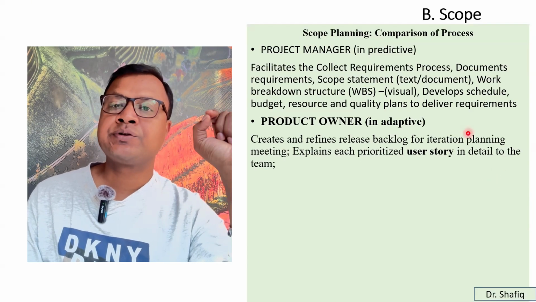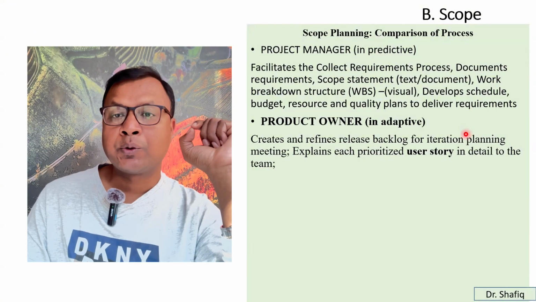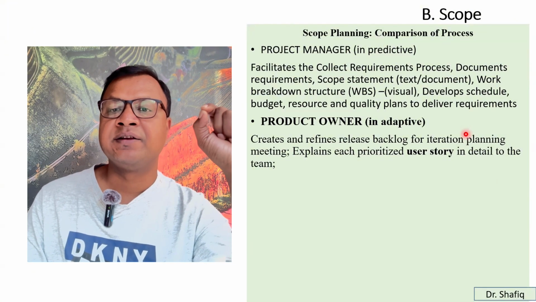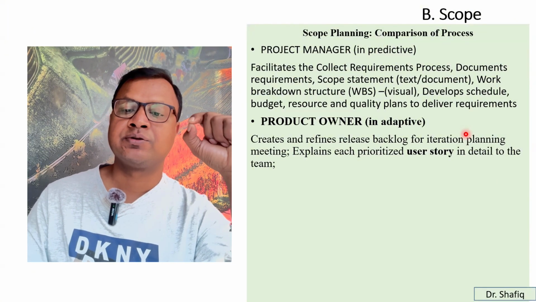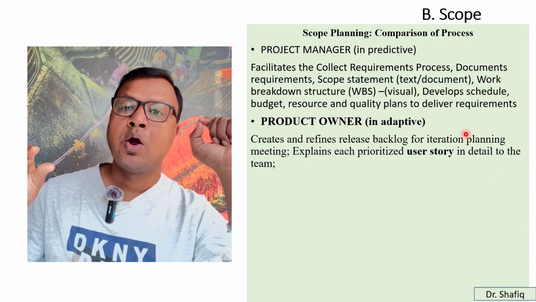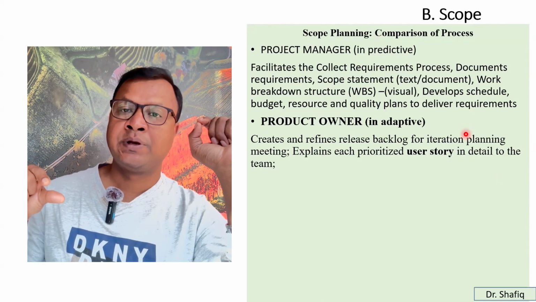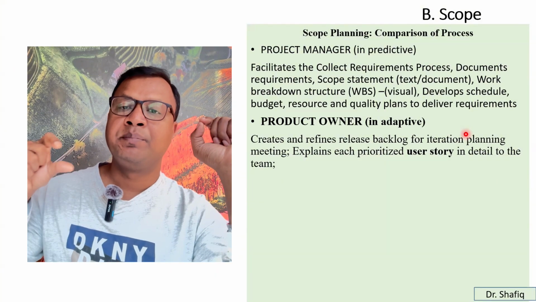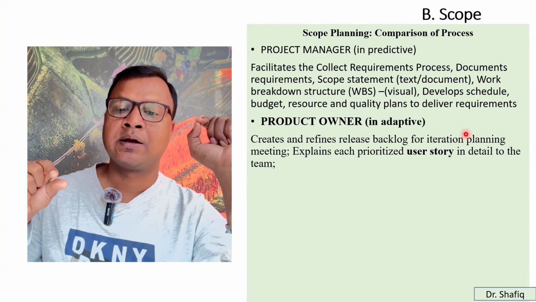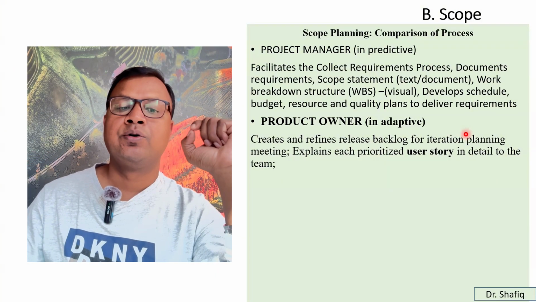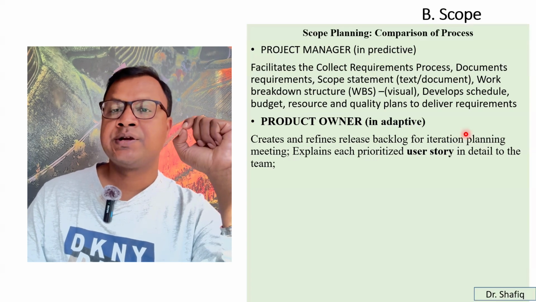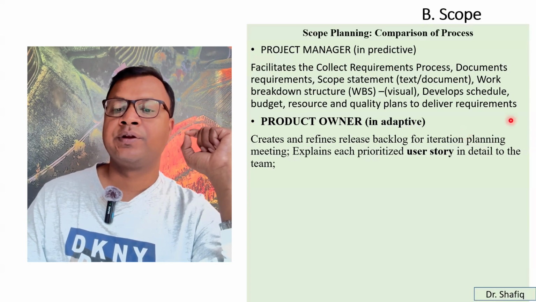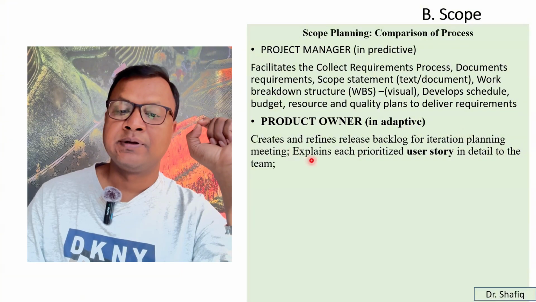In the adaptive approach, the product owner creates and refines release backlogs for iteration. For each iteration, the product owner reads the stories, explains them and makes the backlog, and based on that releases the backlog. So the product owner creates and refines the release backlog for the iteration planning meeting.